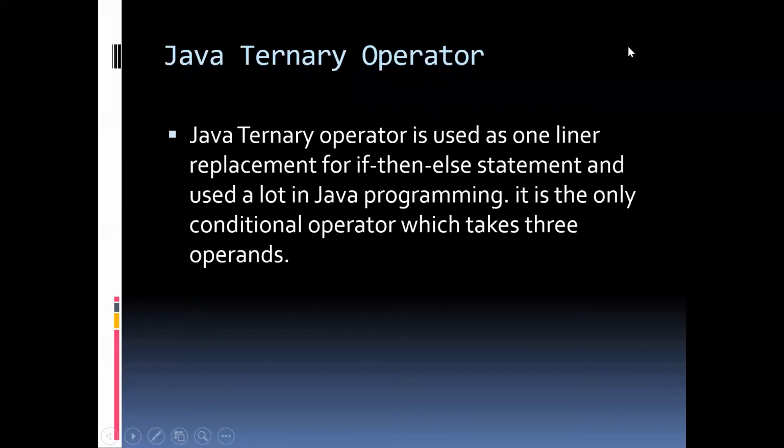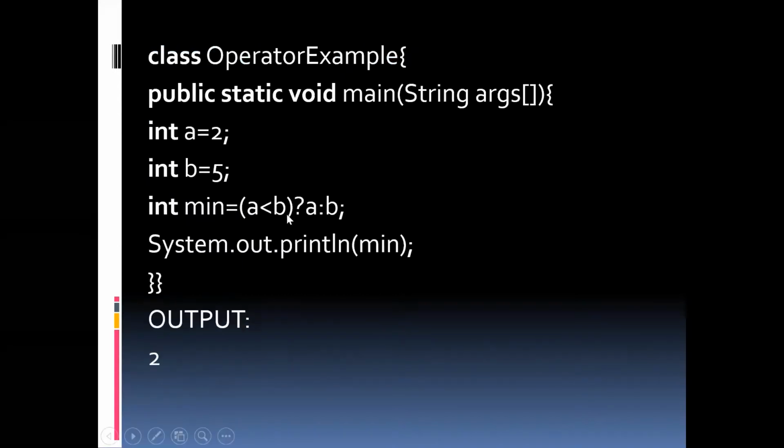Now, ternary operators. Ternary operators are also conditional operators that perform operations on three operands, and they are used a lot in Java programming. The syntax is: a condition, then the symbol of the ternary operator, then expression 1 colon expression 2.